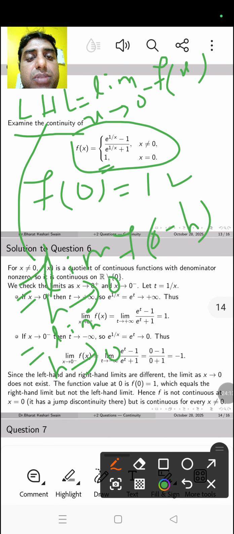So put minus h in the given function. So (e to the power 1 divided by minus h, minus 1) divided by (e to the power 1 by minus h, plus 1).